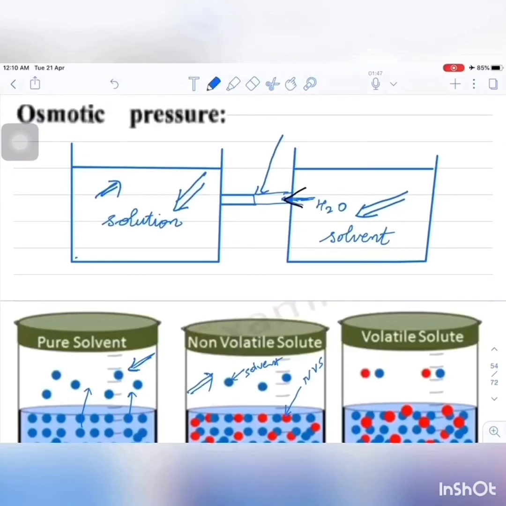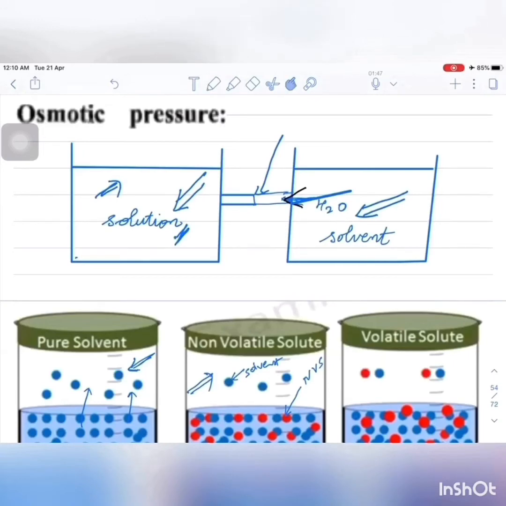Now, because solvent side vapor pressure is more and solution side vapor pressure is less, so solvent molecules, in this case water molecules, flow from solvent side to solution side.